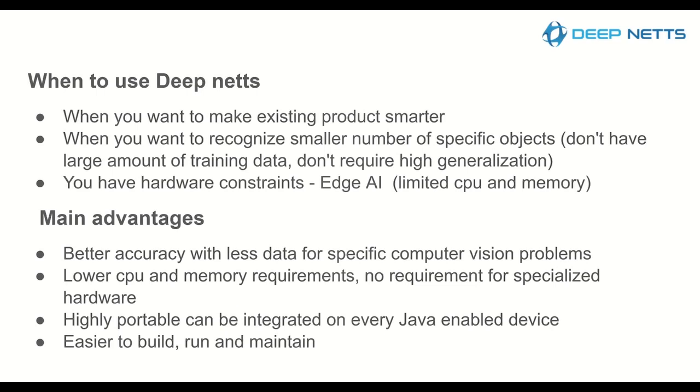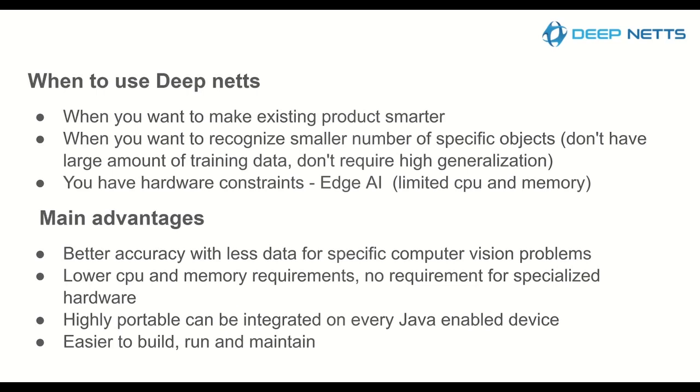In that case, with smaller models and smaller data sets, DeepNetts can learn very well and provide even higher accuracy than working with huge models in big deep learning frameworks. Also, when you have hardware constraints, like in all the edge AI use cases, with limited CPU and memory, and you don't have specialized hardware like GPUs, then DeepNetts can be an ideal solution.